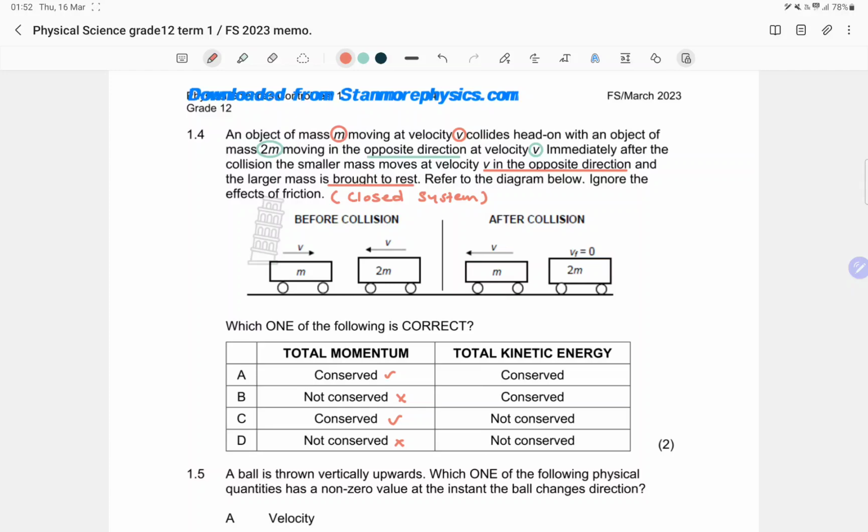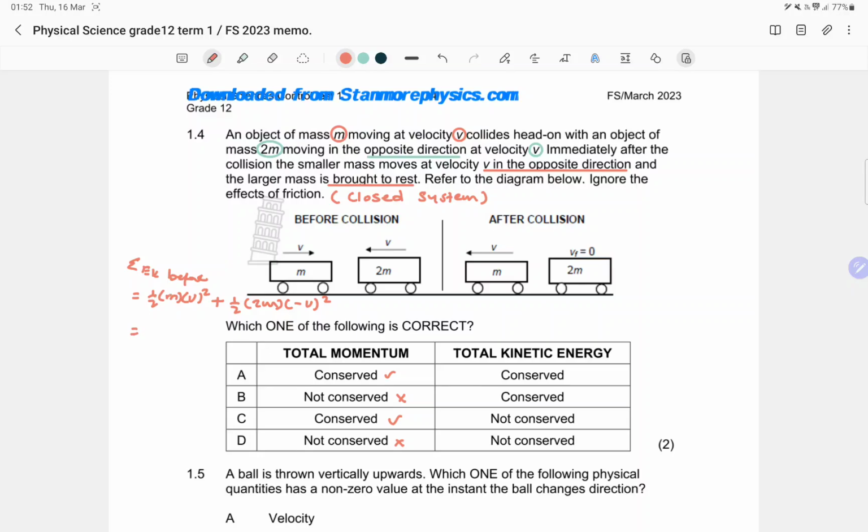So if we calculate the total kinetic energy before collision, this is going to be equal to half mv squared plus half of 2m, and then of course this one is in the other direction, so we're going to say minus v squared.